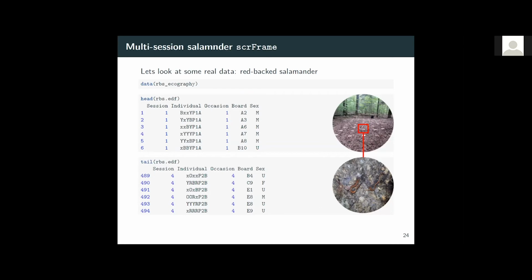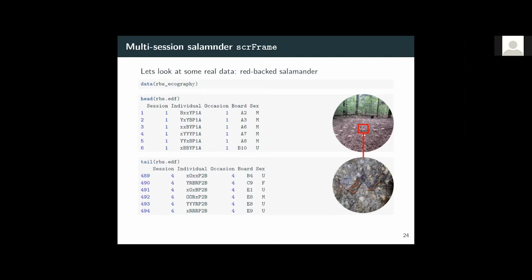If you do data RBS underscore ecography, this is the data set that is with the ecography paper detailing the package. If you look at the top and the bottom of this RBS encounter data frame, you can see I have my individuals here, the occasions, the board that they were captured under, the sex information as well, and then the session ID.